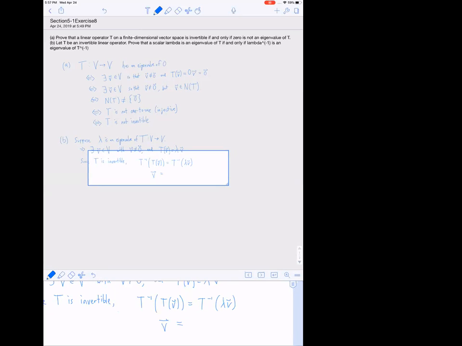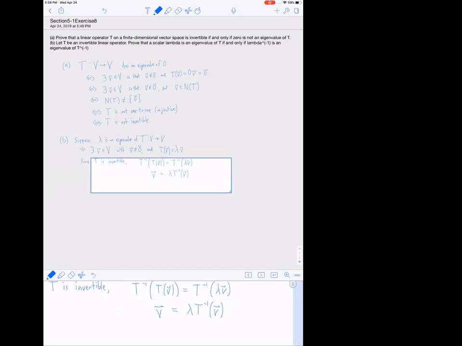On the right, by linearity, we can pull out the scalar lambda. And now we have the inverse of T applied to the vector v. The lambda is on the wrong side, but of course we can now multiply on both sides by the multiplicative inverse, lambda to the power -1.